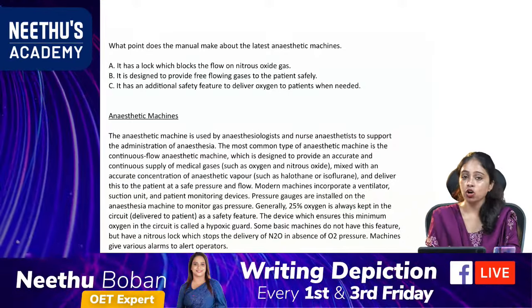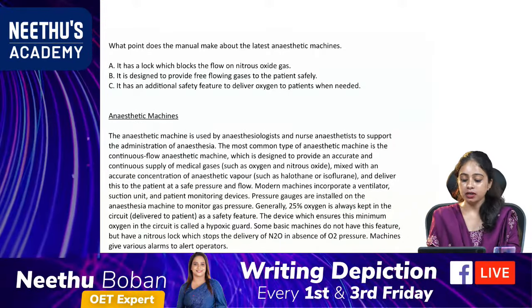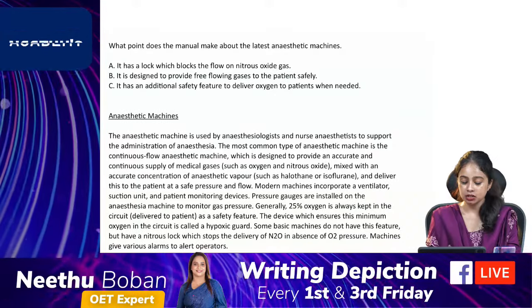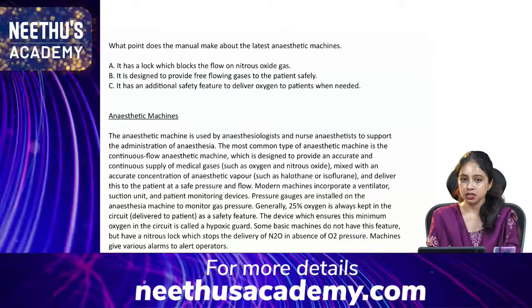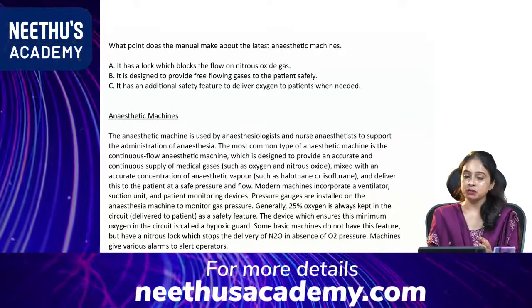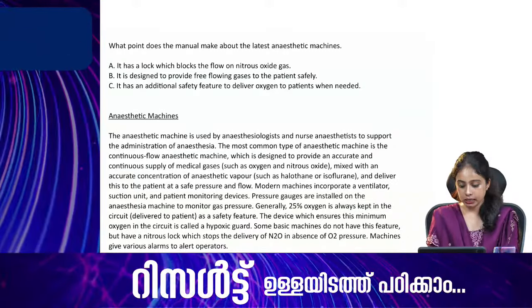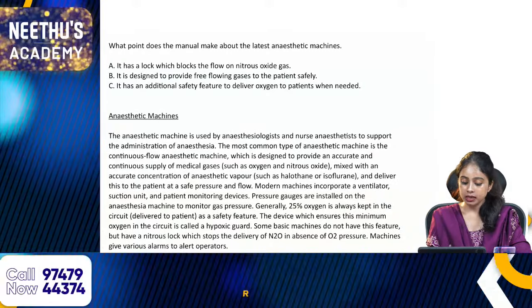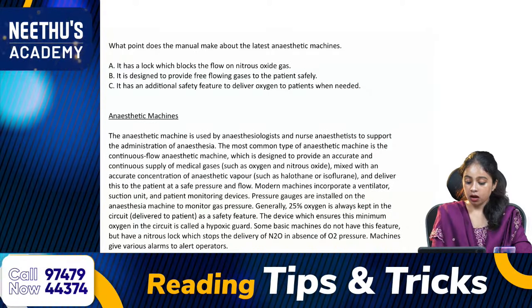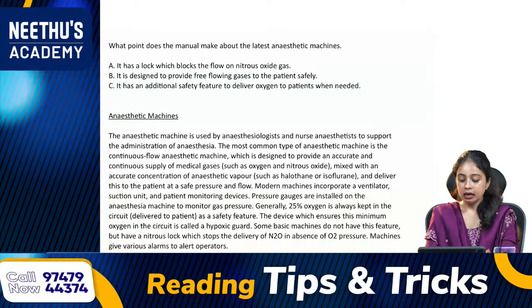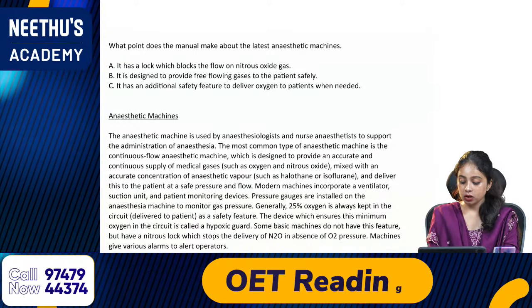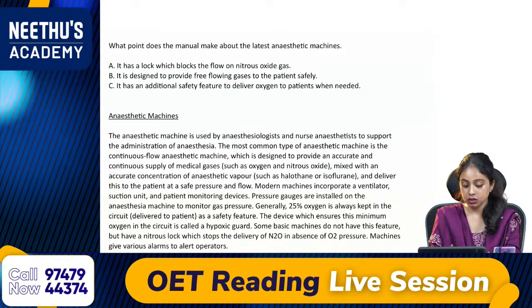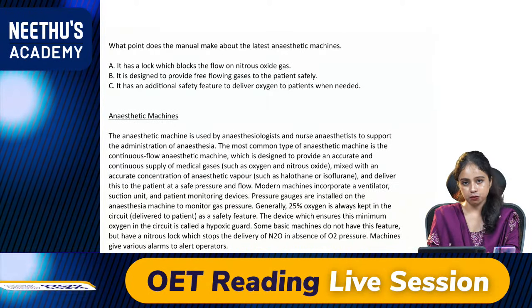Latest, modern. Pressure gauges, which means calculating, are installed on the anesthesia machine to monitor gas pressure. Generally 25% oxygen is always kept in the circuit as a safety feature.